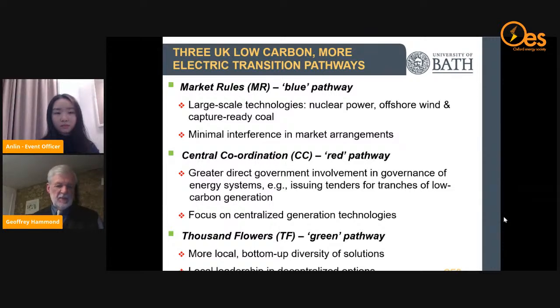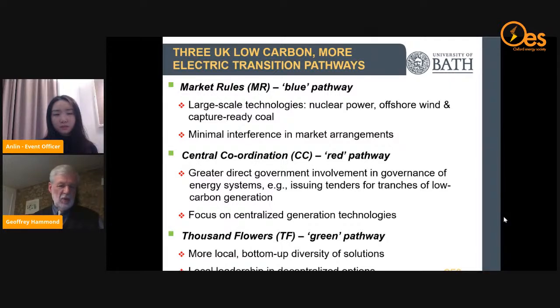And this stakeholder workshop included academics, it included people from the policy environment, it included people from industry companies. And out of that stakeholder workshop, we developed 3 pathways.